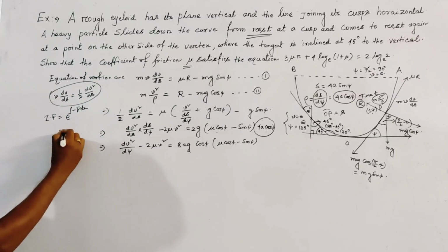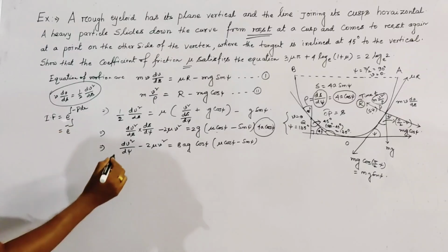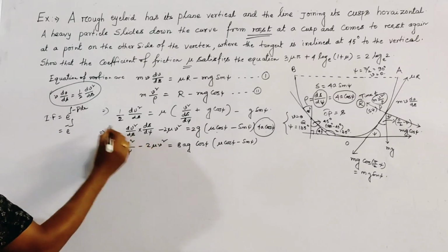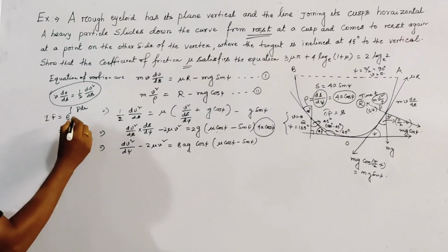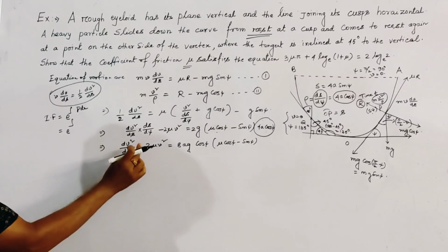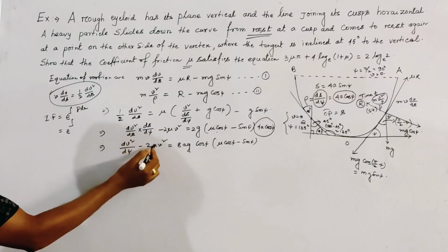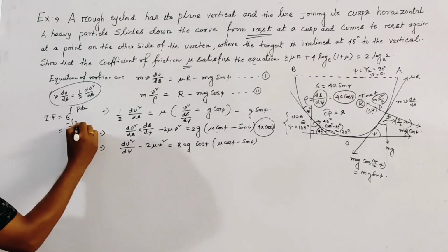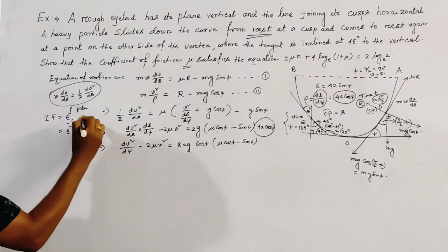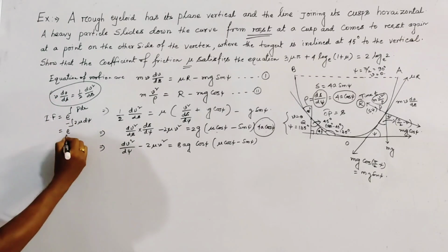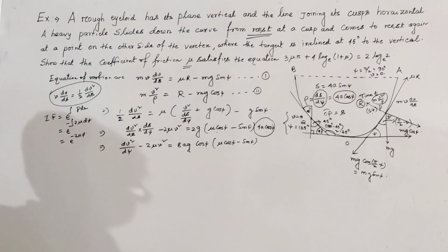Here p is minus 2 mu, and instead of dx we write d psi. So the integrating factor is e to the power minus 2 mu psi.